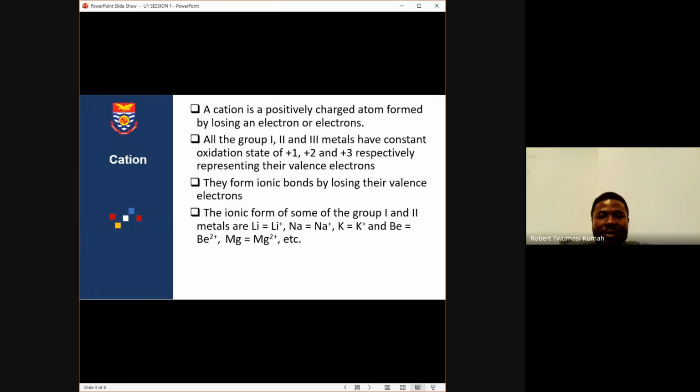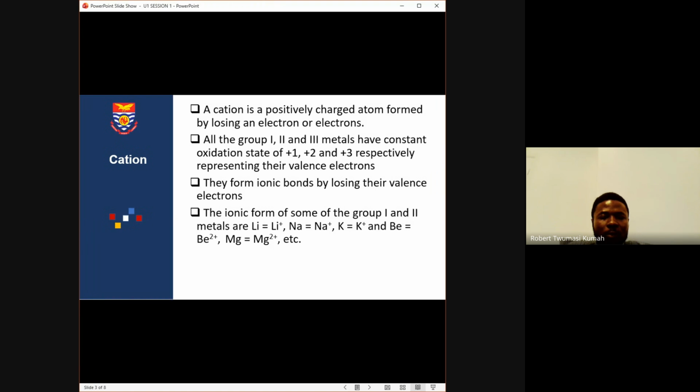For the atom, the number of protons always equals the number of electrons, and so the charges cancel out, and we have a neutral atom.